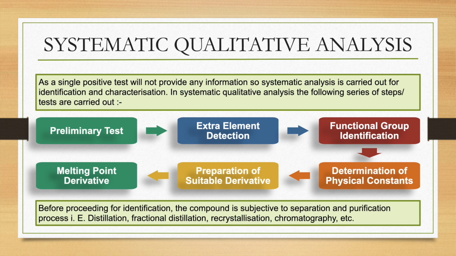Then comes the fifth step, that is the preparation of a suitable derivative. So, as per the suitability and the nature of the derivative formed, we form a derivative of the compound. Then comes the sixth and final step, that is the melting point of the derivative. Now, after following all these elementary 6 steps, we are able to know which kind of compound it is and basically what compound we have got.